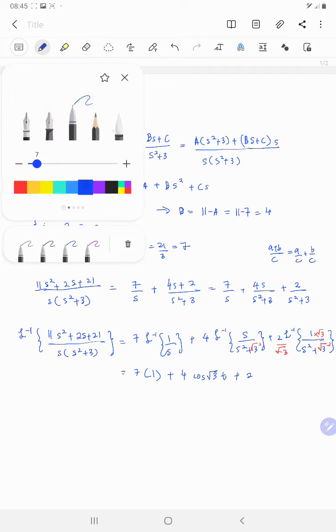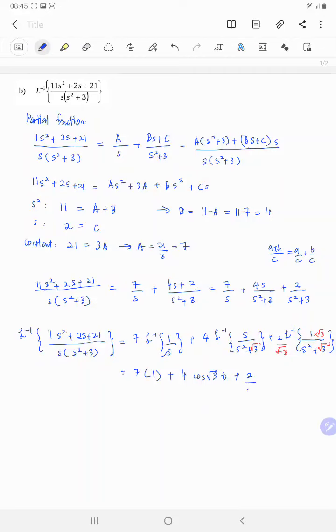So the whole is sine square root of 3 t. So this is actually 7 plus 4 cos square root of 3 t plus 2 over square root of 3 sine square root of 3 t. Okay, that's the answer.